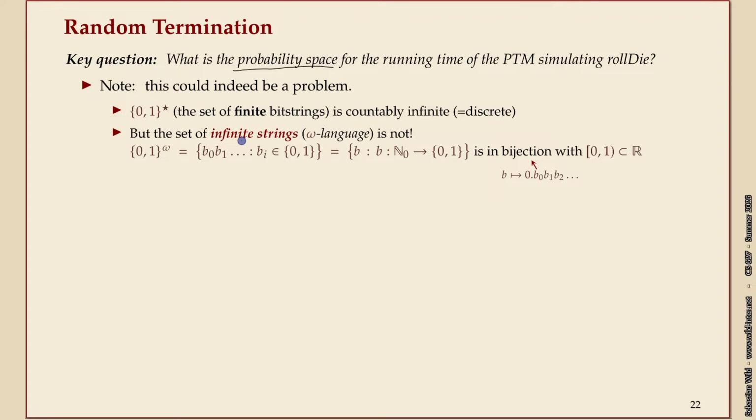What we really need here is an omega language. I'll write this the way formal language people would write it. {0,1} to the omega technically means a function that maps the natural numbers to 0s and 1s. That's one string.